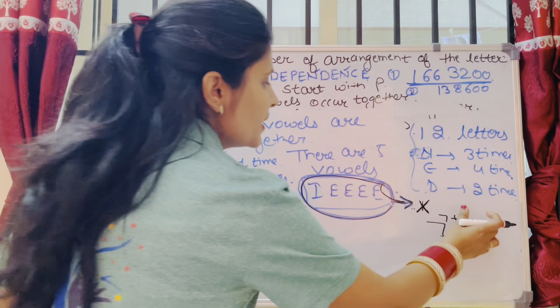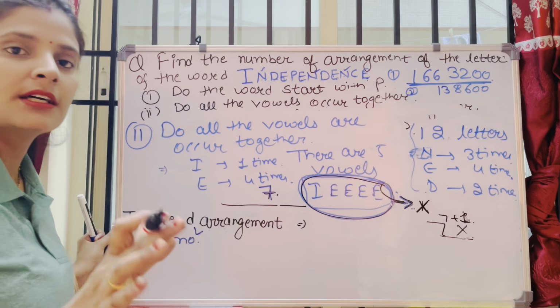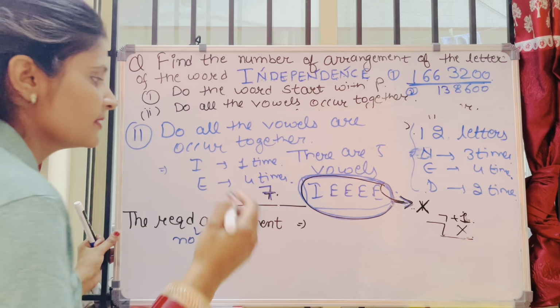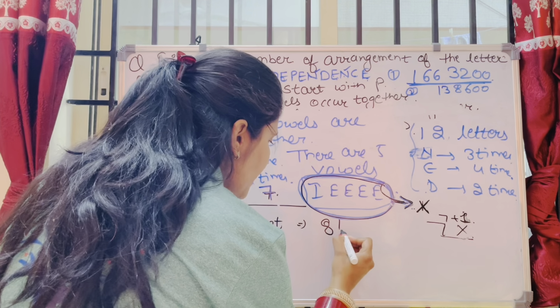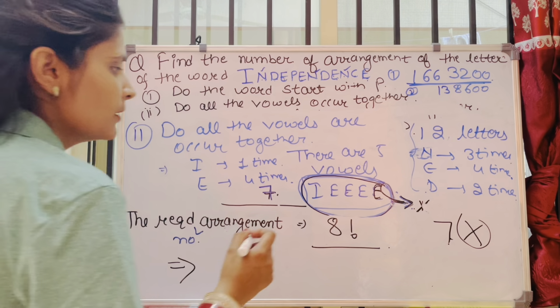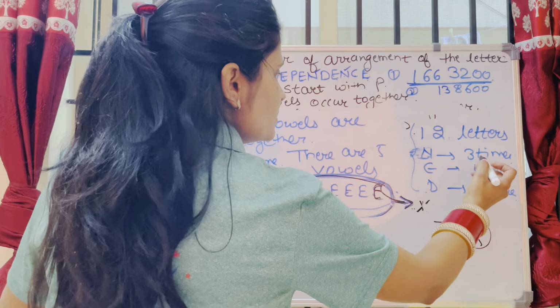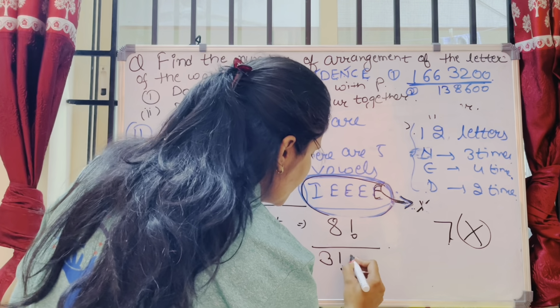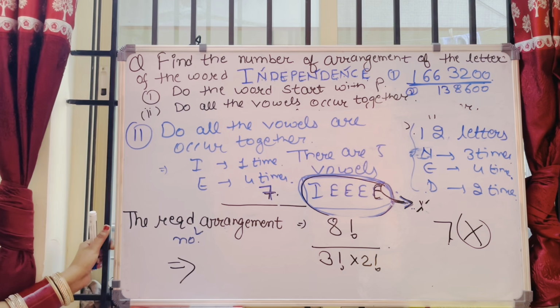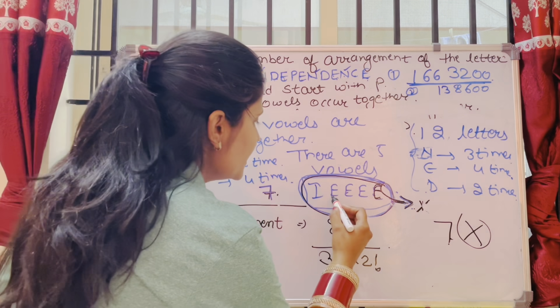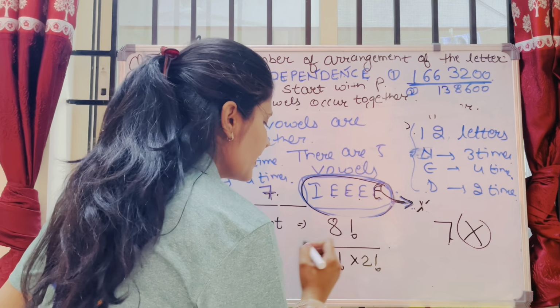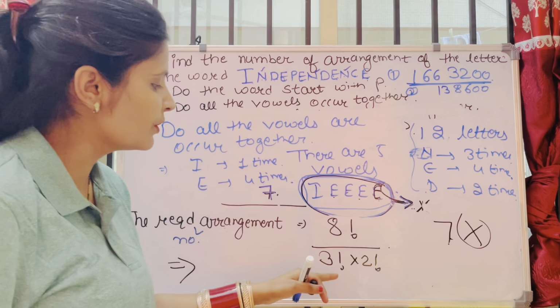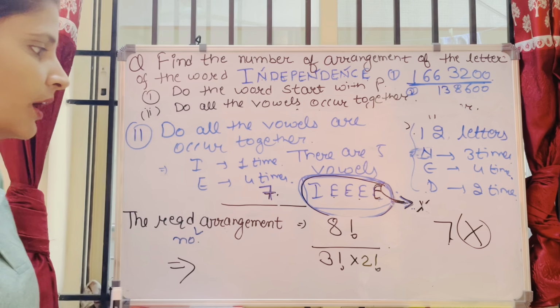Now we have to arrange a total of 8 letters. So 8 factorial upon 3 factorial into 2 factorial, right?